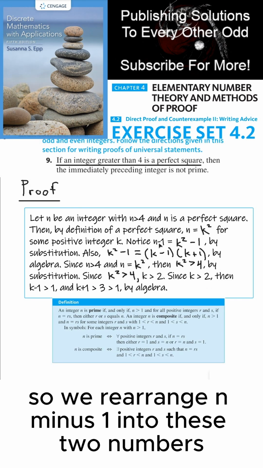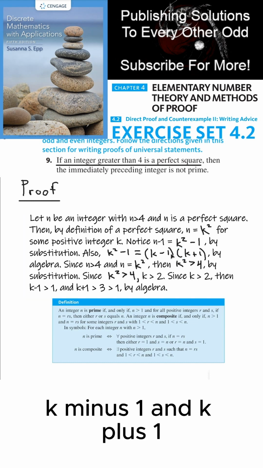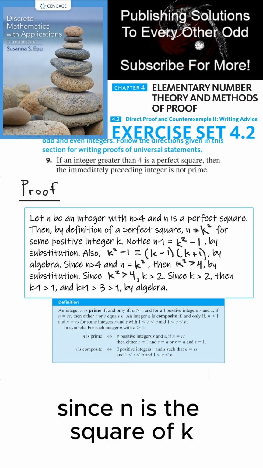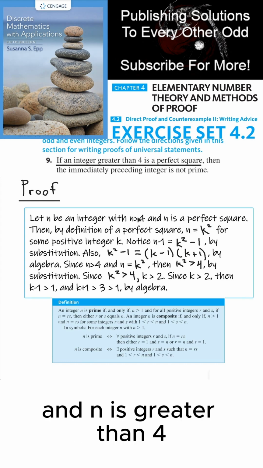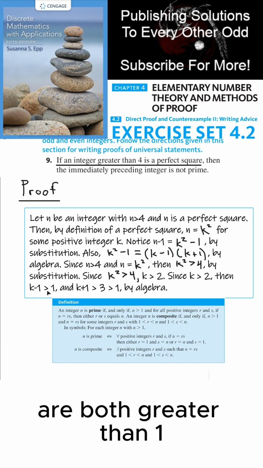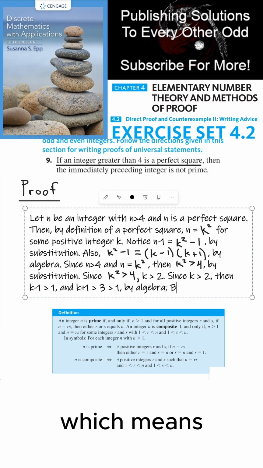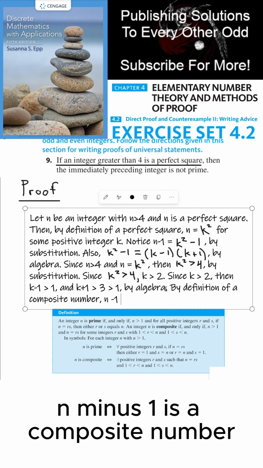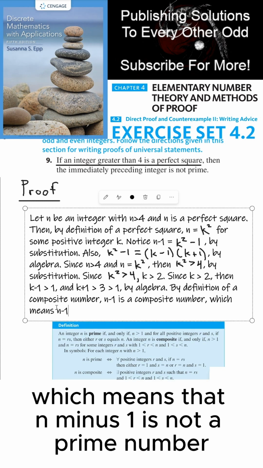So we rearrange n minus 1 into these two numbers, k minus 1 and k plus 1. Both of these numbers are less than n minus 1 since n is the square of k and n is greater than 4. We also know that k minus 1 and k plus 1 are both greater than 1, which means by definition of a composite number, n minus 1 is a composite number, which means that n minus 1 is not a prime number.